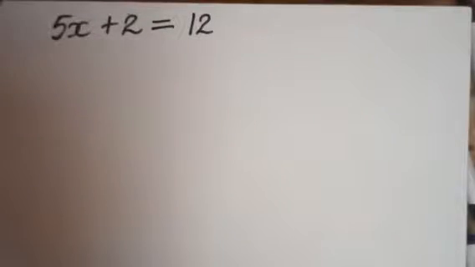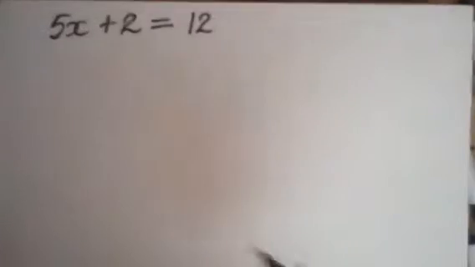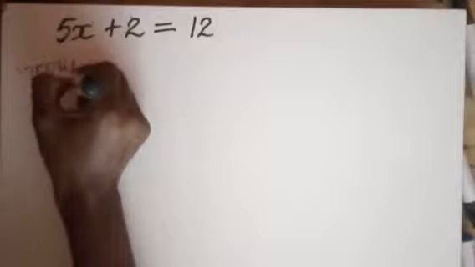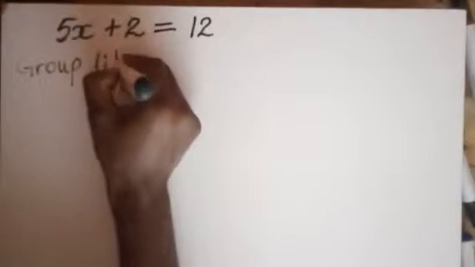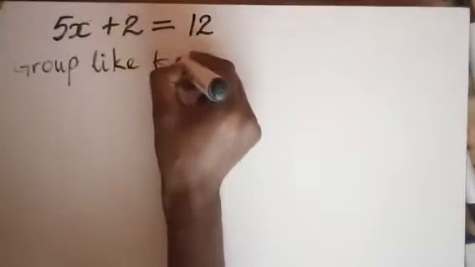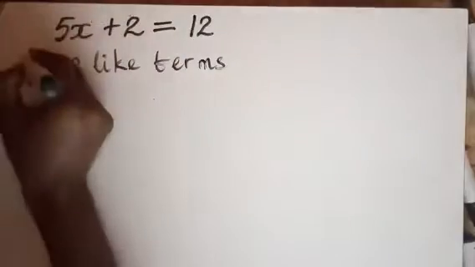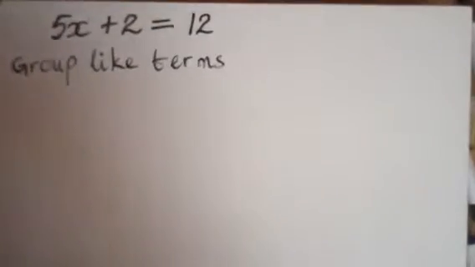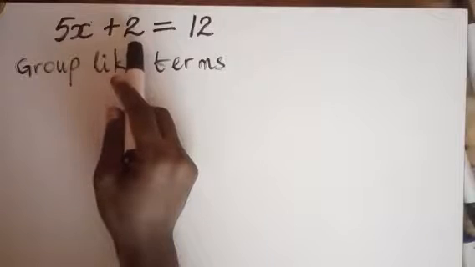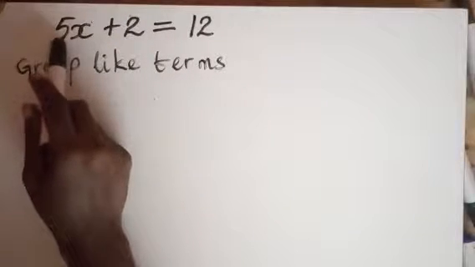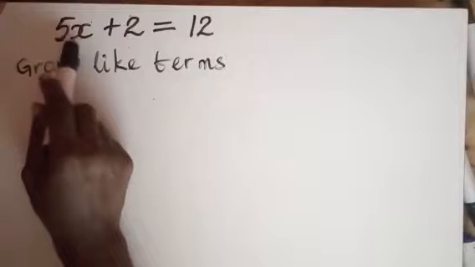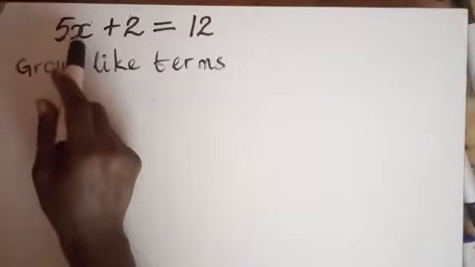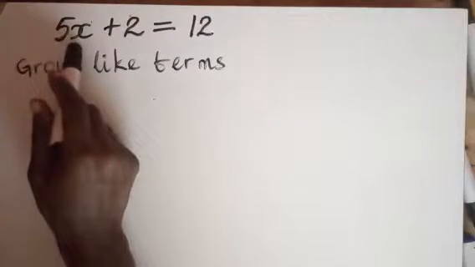As we have been doing, we have to first group like terms. Group like terms means the terms of the same kinds are being put together. I've said time in, time out that the term 5x is not a number, but it's telling you that the variable x is occurring 5 times.